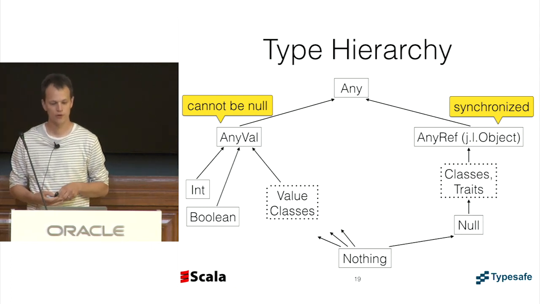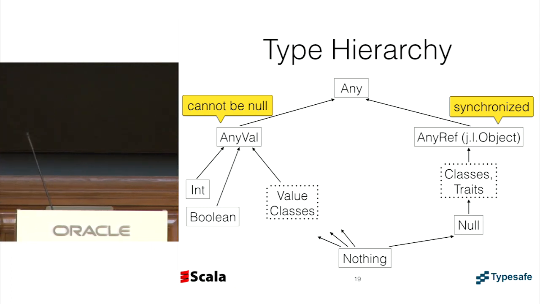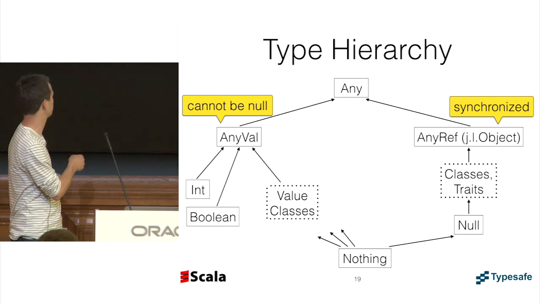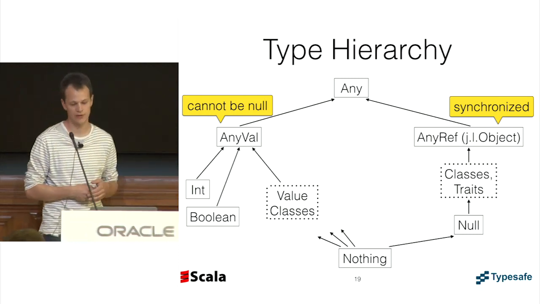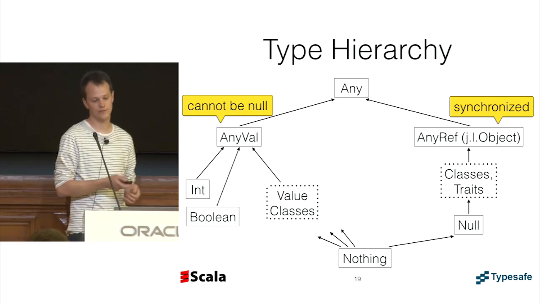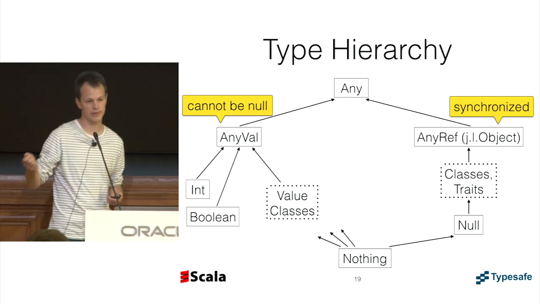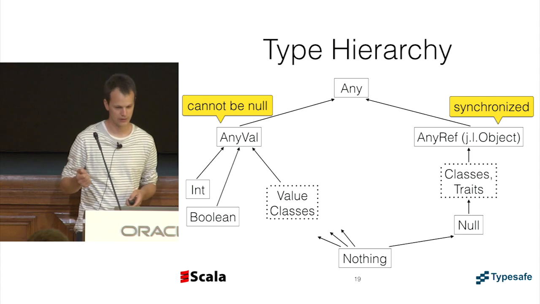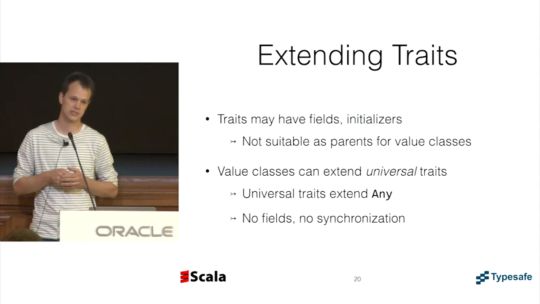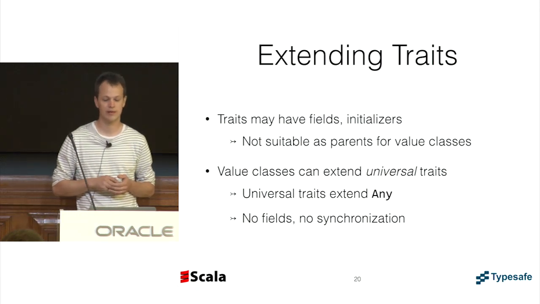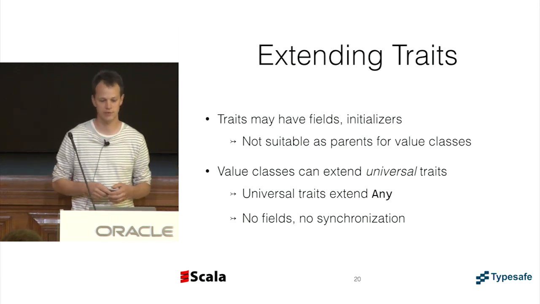All right. So now you might wonder, one thing that you see is that all user-defined classes and also traits are subtypes of AnyRef. And that means if you define a value class, you cannot actually implement the trait. And we wonder what's the reason for that. The reason is that traits in Scala may have fields, and they may also have initializer statements.